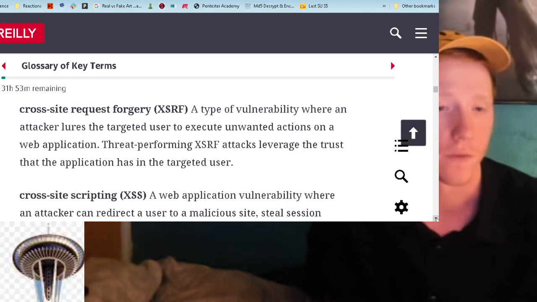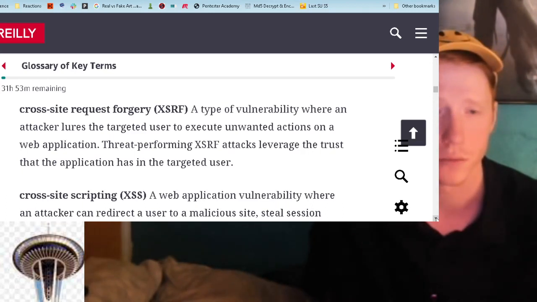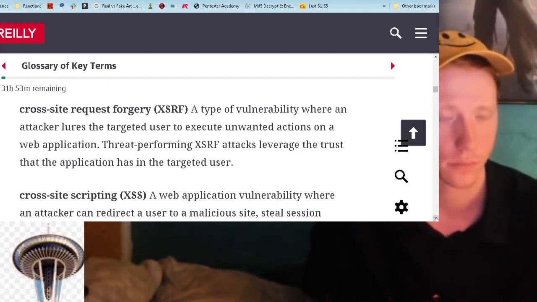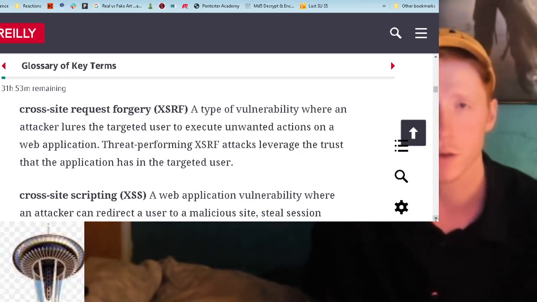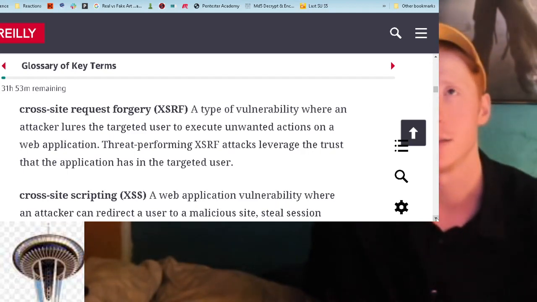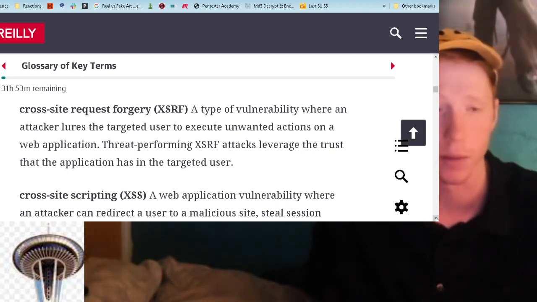Cross-site request forgery is a type of vulnerability where an attacker lures the targeted user to execute unwanted applications on a web application. And they leverage the trust the application has in a user. It's where you trick someone into hurting the website. Not you, though. You're not breaking the law.